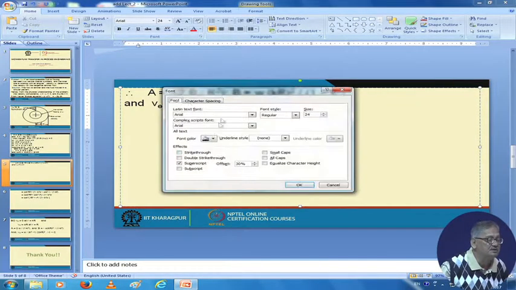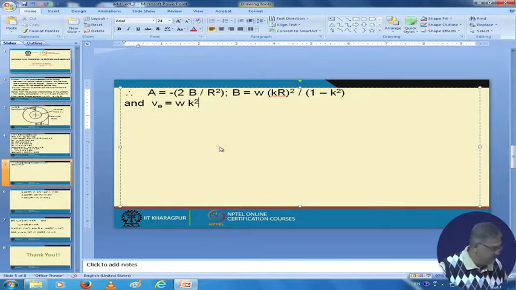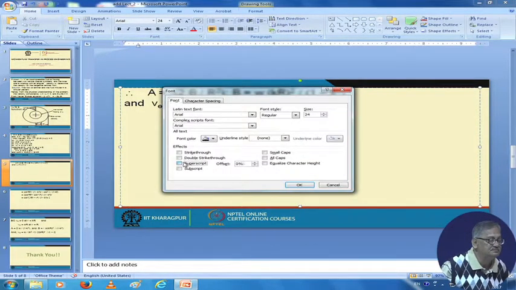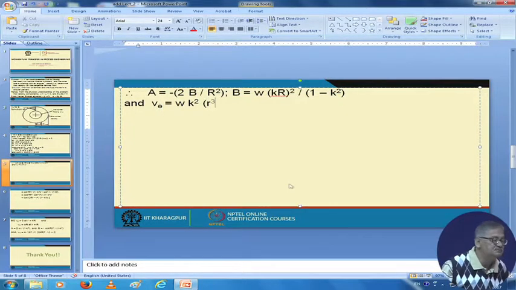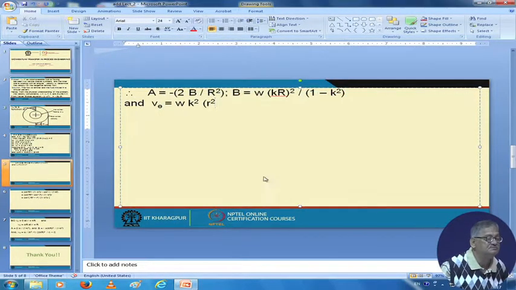So that we have done, omega K square into r square minus capital R square divided by K square minus 1 into r.